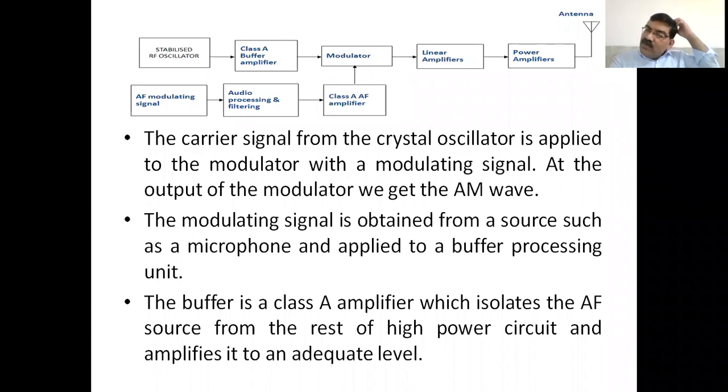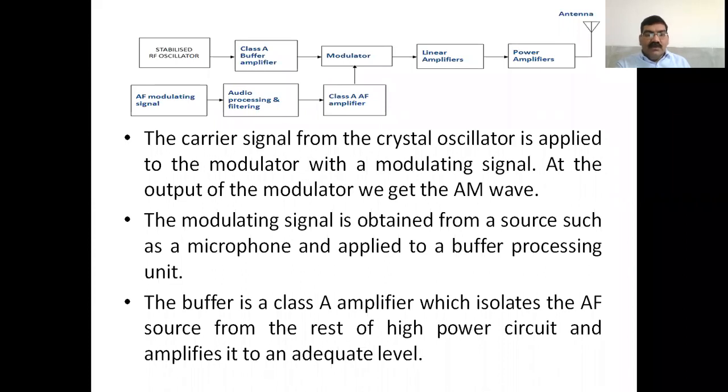From the microphone or whatever system you have, you can obtain the modulating signal, because the speech signal has to be converted to an electrical signal. The microphone converts the speech, that is any audio signal, to an electrical signal, because we handle only the electrical signal further. Okay, next.